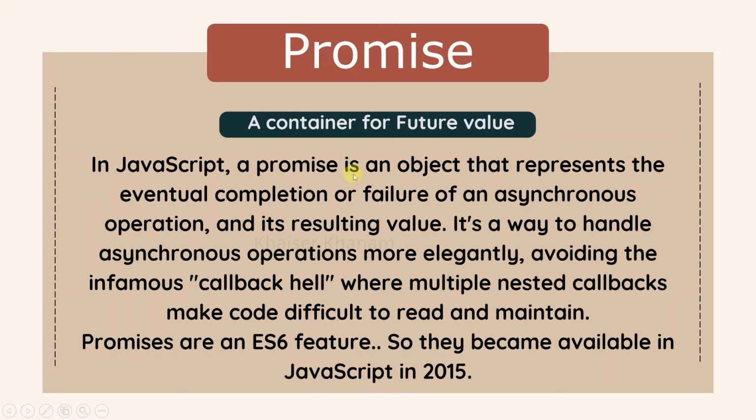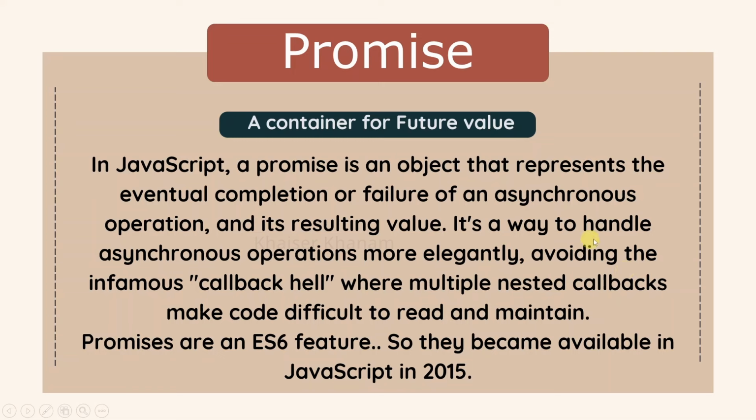So in JavaScript, a promise is nothing but an object which represents the completion or failure of an asynchronous operation and its resulting value. So whatever value we get at the end, that value will be fulfilled or it will be rejected. We will understand the different states of promises.